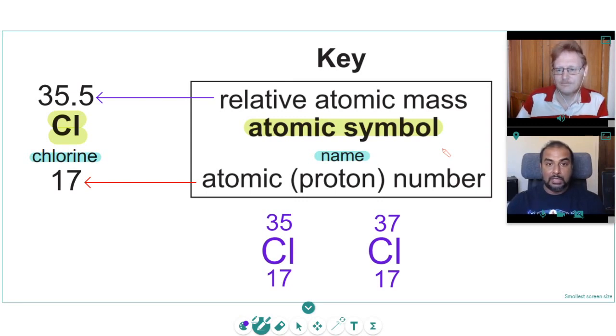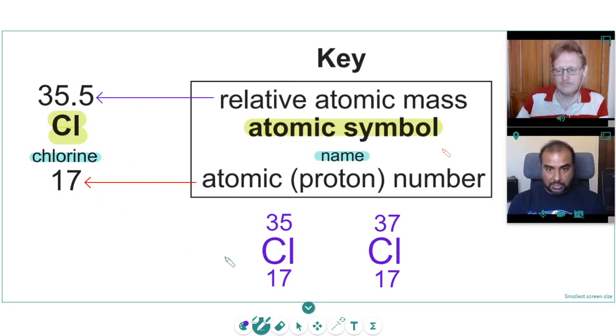In this video, we'll be looking at why chlorine has a relative atomic mass of 35.5. In an earlier video, we looked at isotopes. So this one just goes using isotopes, explaining why we get this 35.5 when you look at the periodic table as a mass.